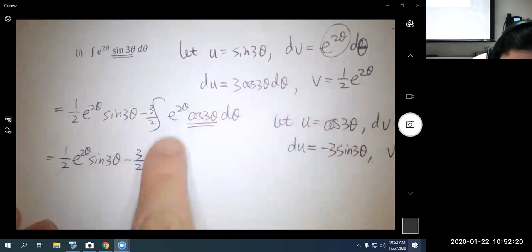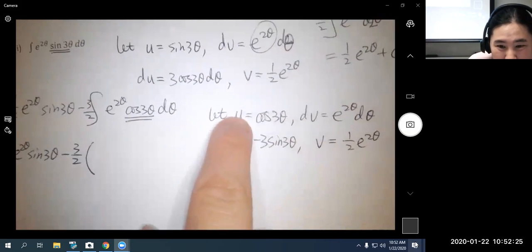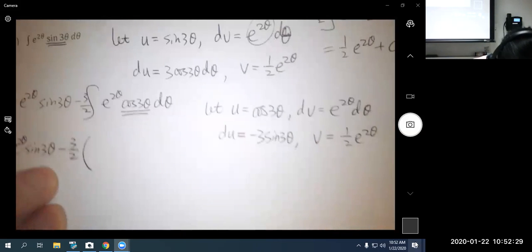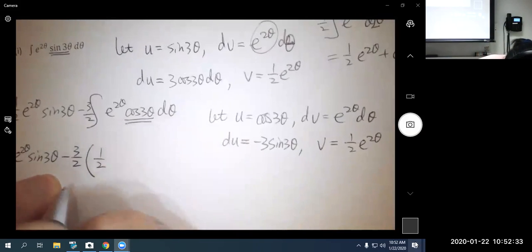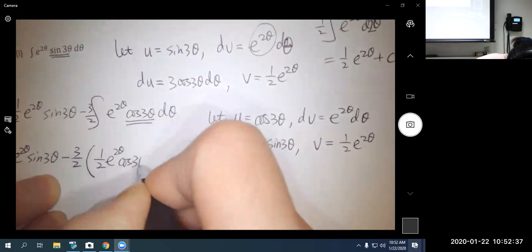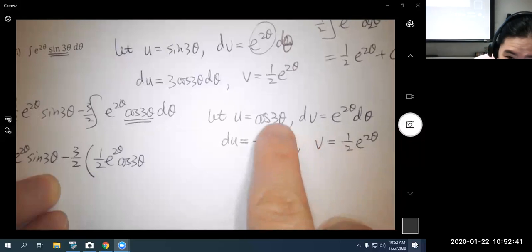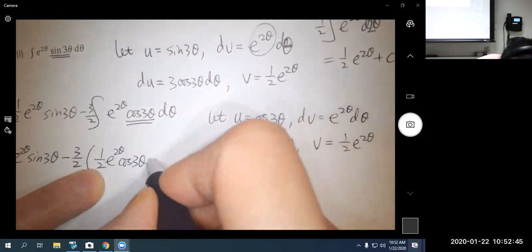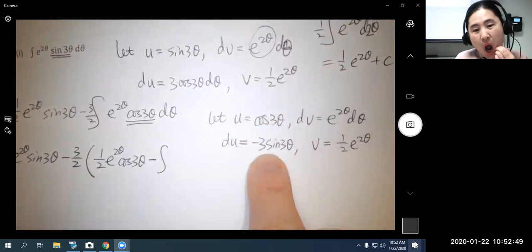Then for this integral, u times v: 1/2 e to the 2 theta times cosine 3 theta, minus the integral of v times du.